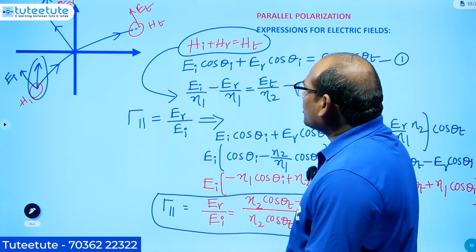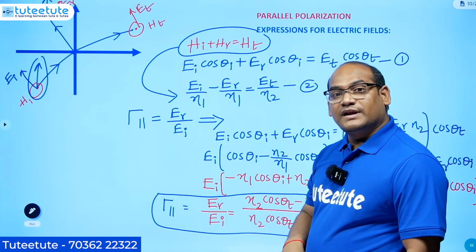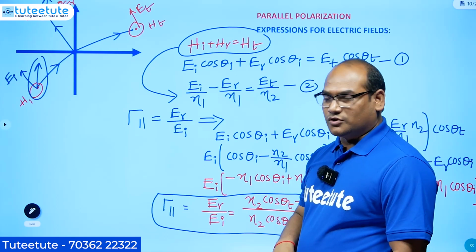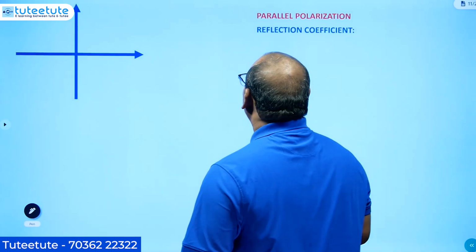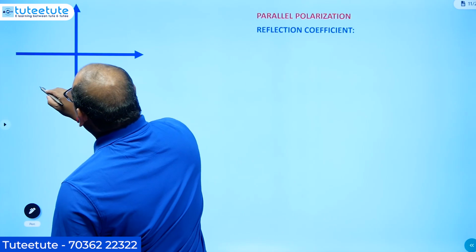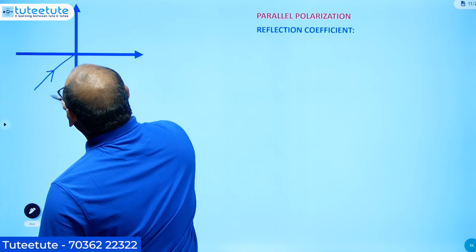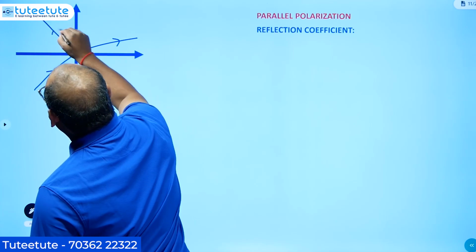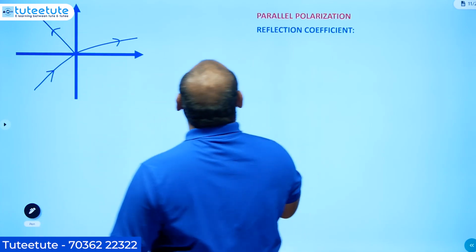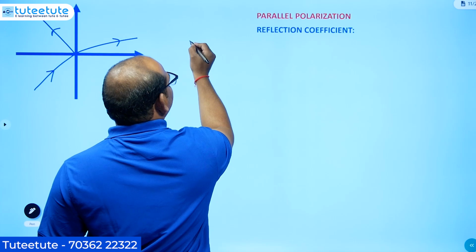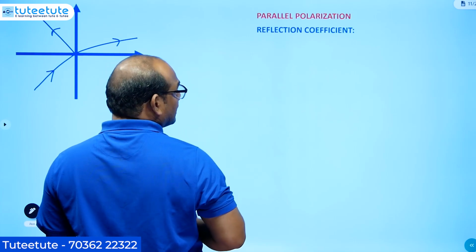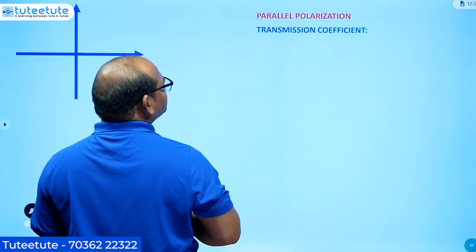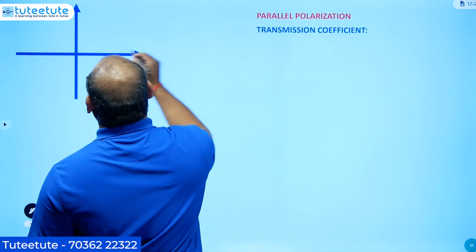Okay, now this transmission coefficient also we have to get. For that, once again I am writing the relations by drawing this particular structure: incident wave, transmitted wave, reflected wave. What are the equations we got previously? The reflection coefficient we have already done in the previous slide, so here I am writing the transmission coefficient related things.